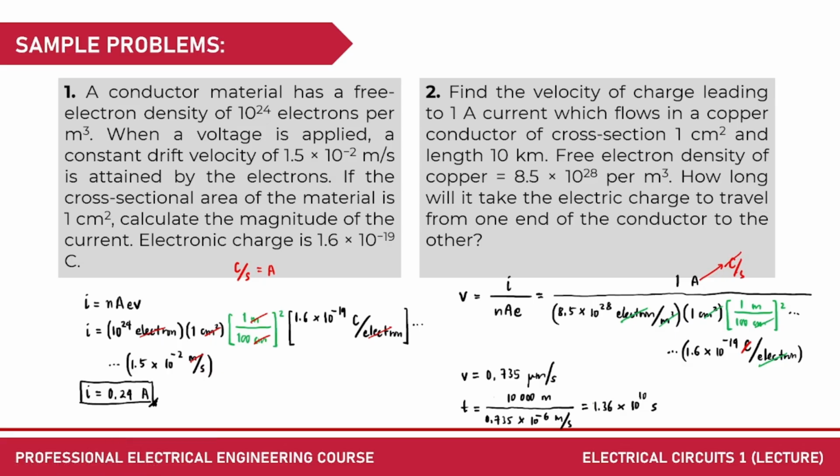So let's convert this, possibly we can use years. We have 60 seconds for 1 minute, and 60 minutes for 1 hour, and we have 24 hours per day.